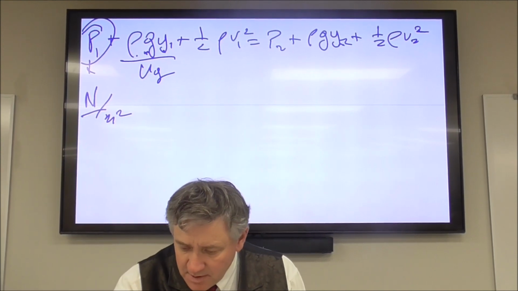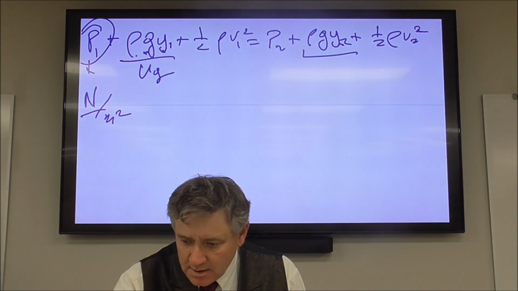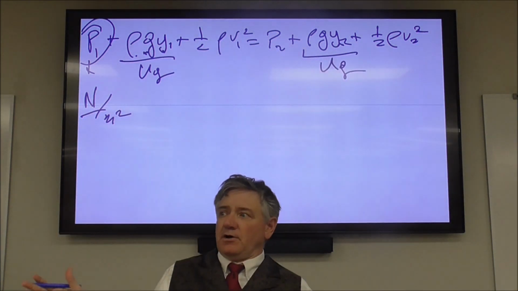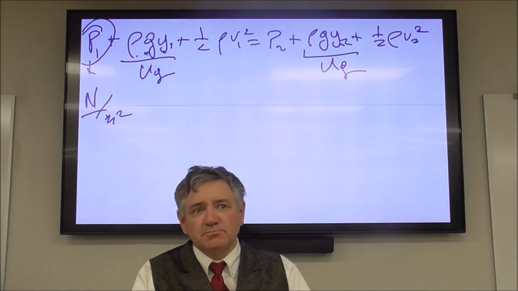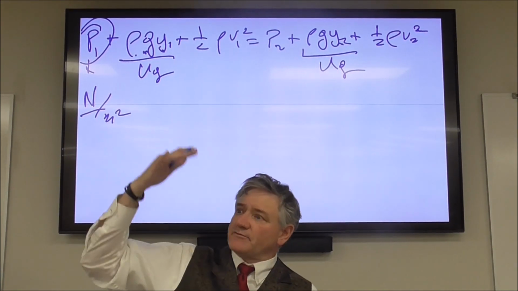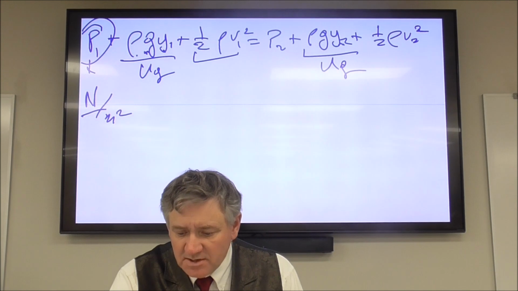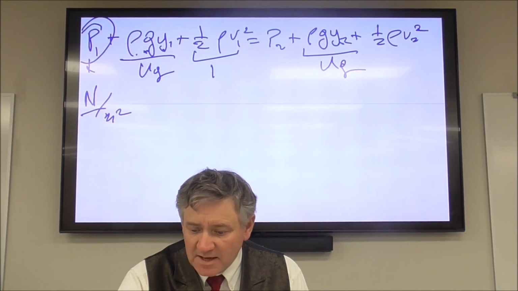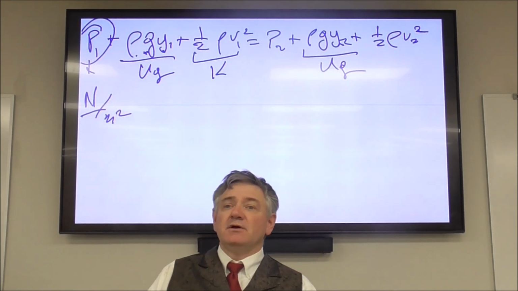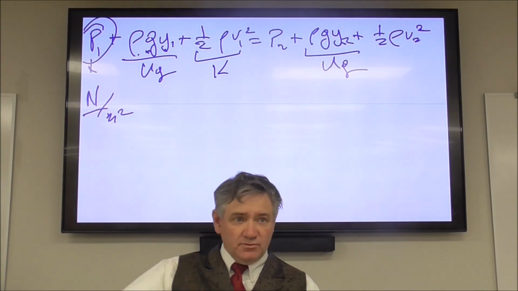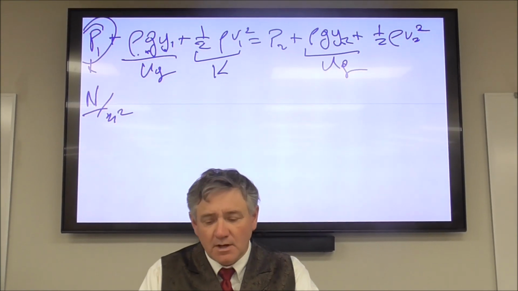So this part here is basically a U_g part. It's a gravitational pressure part because it's rho g and then you have a height, okay? Now, the rho v1 squared, that's like the kinetic energy part of it. So this is how fast that fluid is moving, okay?